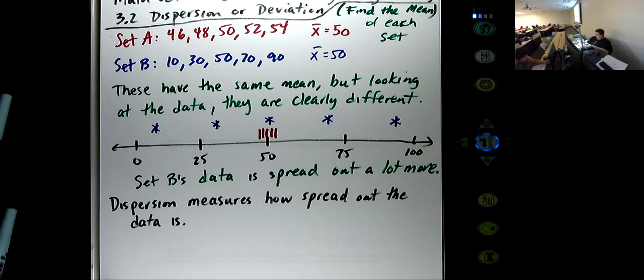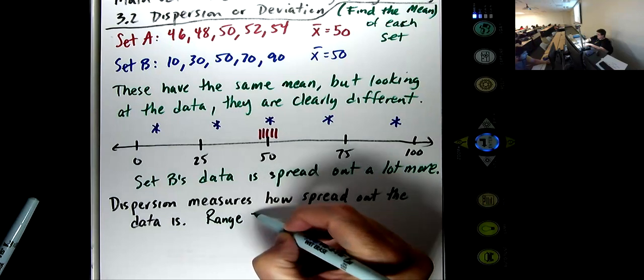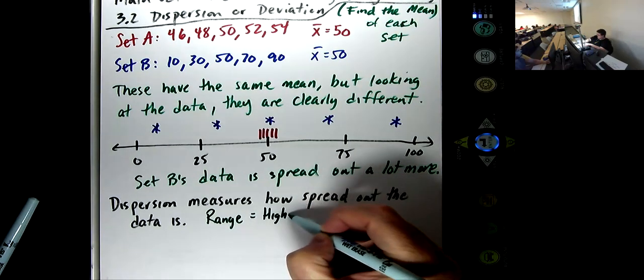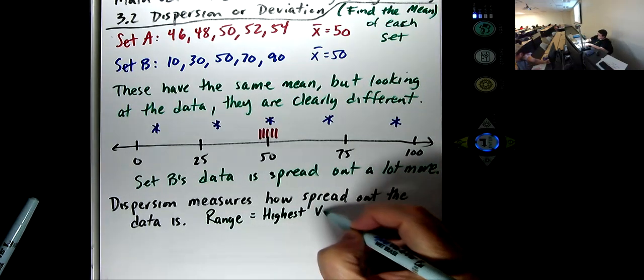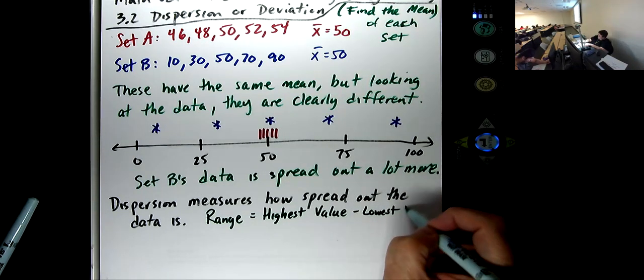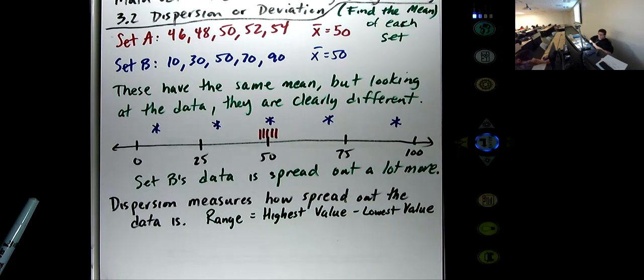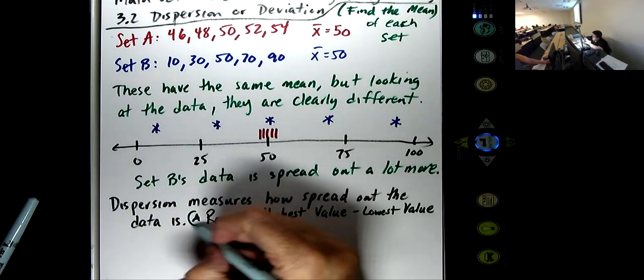The first idea we're going to look at is range. Range is highest value minus lowest value. So this is like the first measure of dispersion.